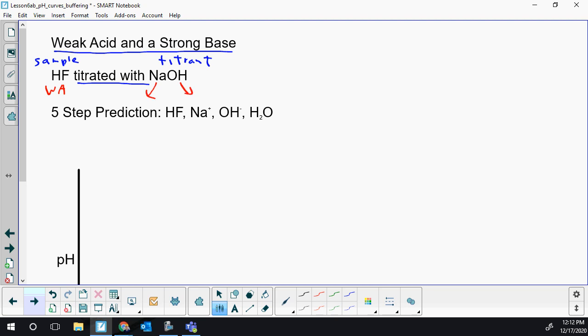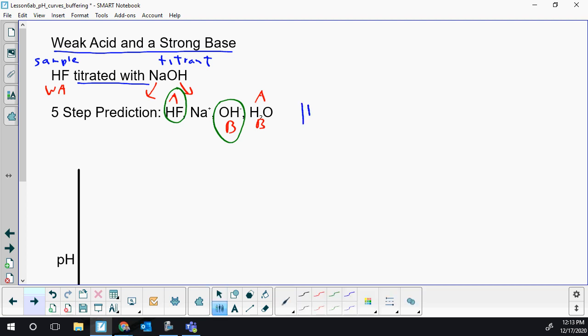And last, I added water. Hydrofluoric acid is an acid. Sodium is neither. Hydroxide is a base, and water is potentially both. When you search your table for the strongest acid, it's the HF, and the strongest base is the OH minus. Nothing can beat that base, so you don't even have to look at your table.